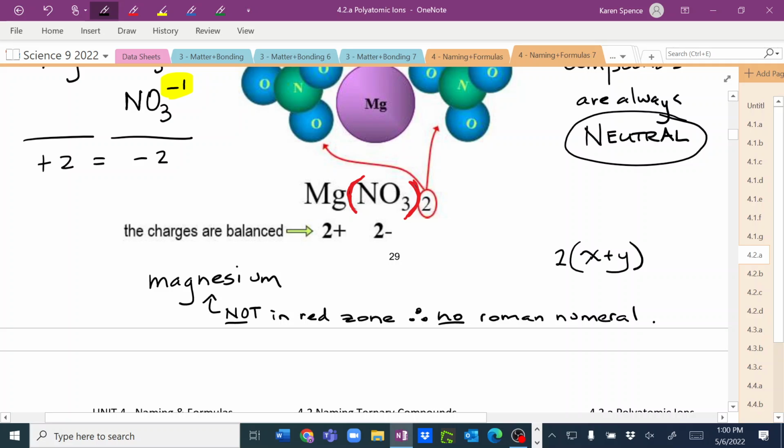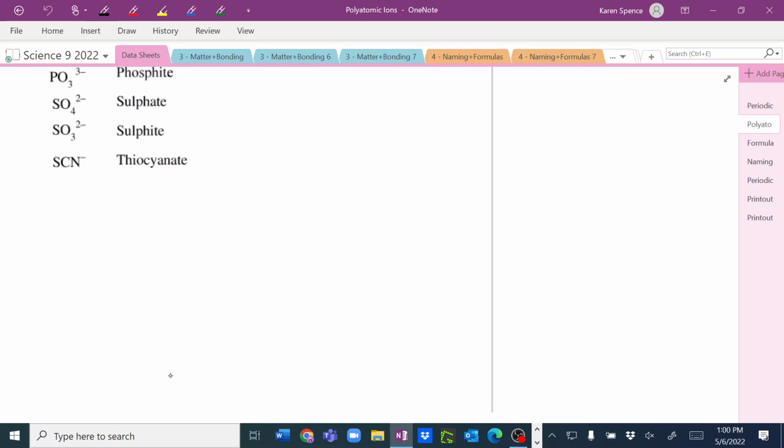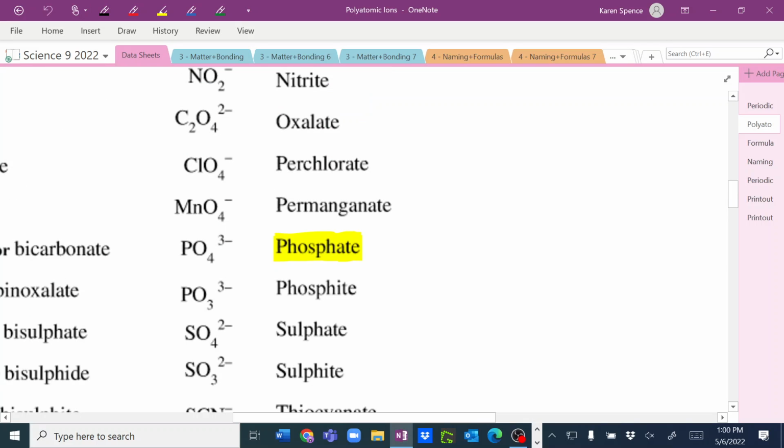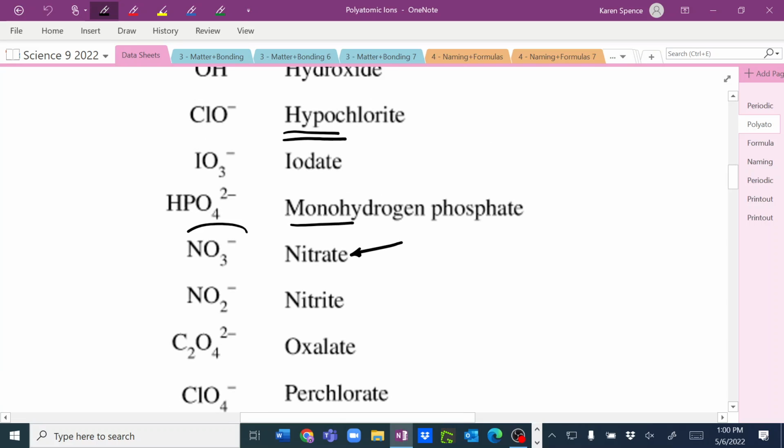And then when you have a polyatomic ion, unless you memorize these, and that seems like a lot of trouble, you're going to go to your pink sheet. And you're going to look probably under N. Okay, they are in alphabetical order by name. So we're going to go to our data sheets and look up NO3. And when we look up NO3, we go, oh, there it is. Its name is nitrate.